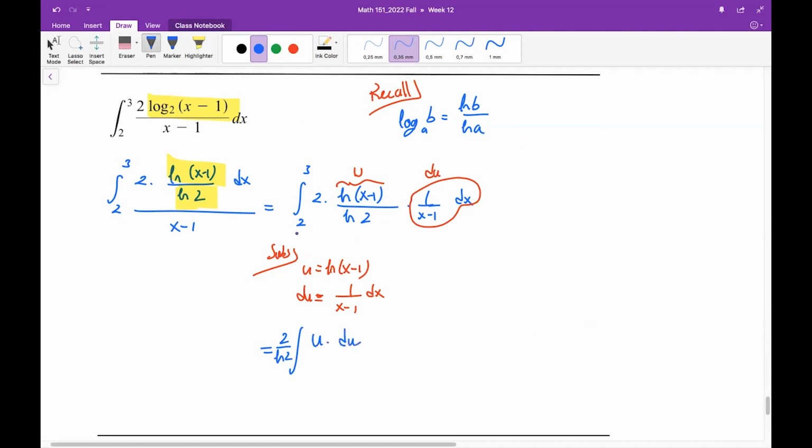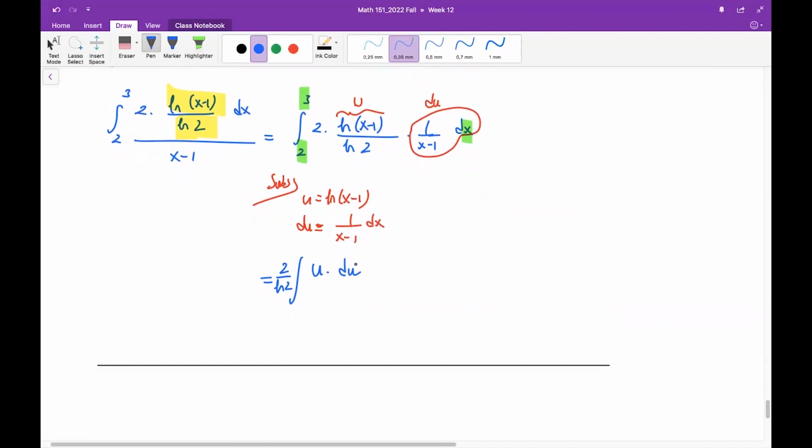Let's also transform the boundaries to the boundaries of u. Remember, these are the boundaries for which variable? These are the boundaries for x, but now as I turned my integration to an integration in terms of u, I need to transform also the boundaries to the boundaries of u. Okay, if x is 2, what is u?